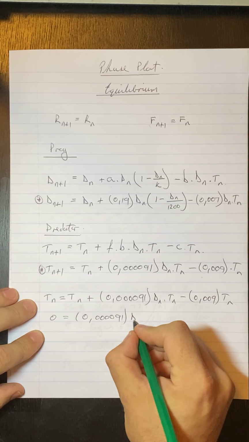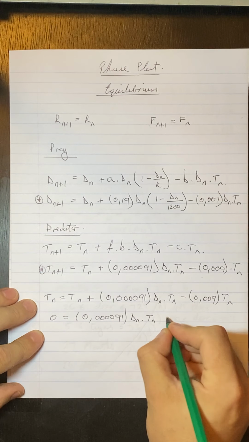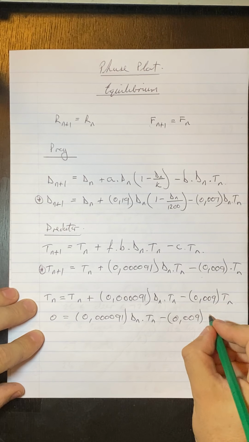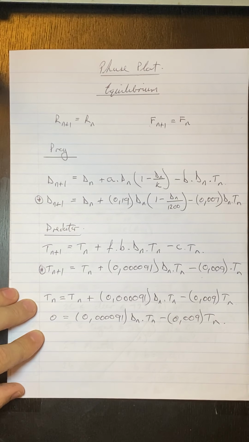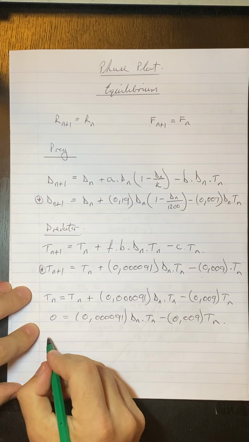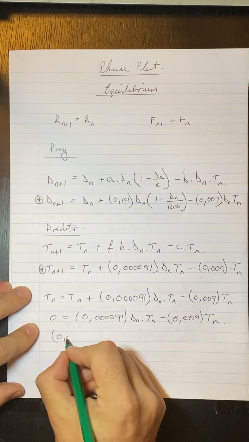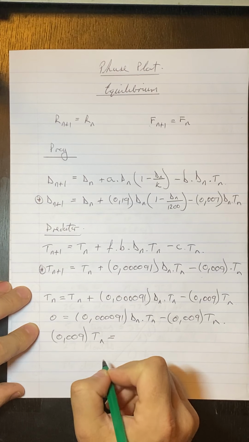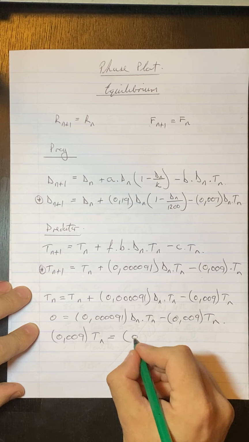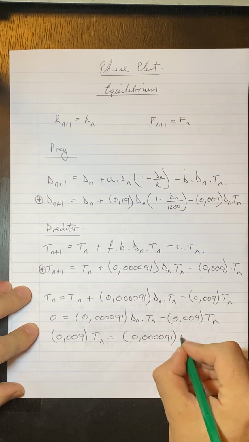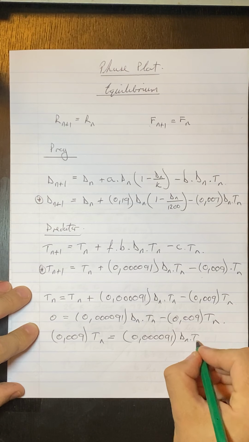0,91 dn times Tn minus 0,009 Tn, okay? And if I take this one to this side, it becomes a positive, and I get 0,009 Tn is equal to dn times Tn.